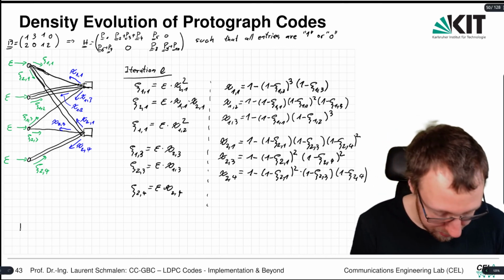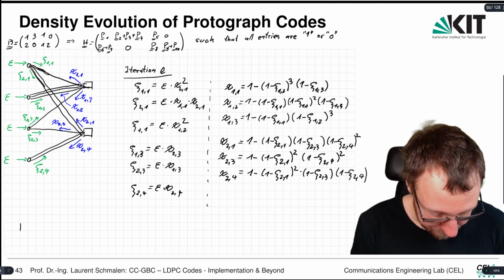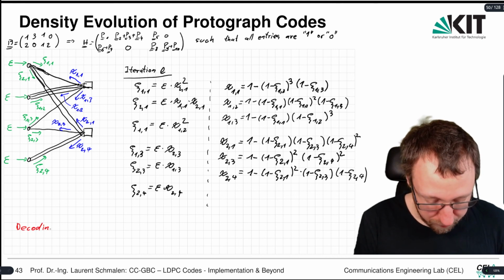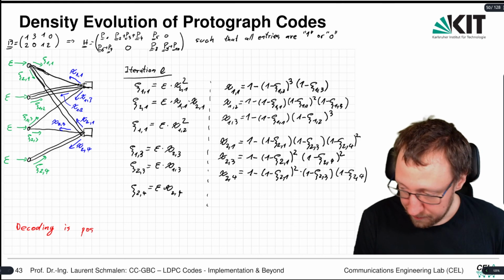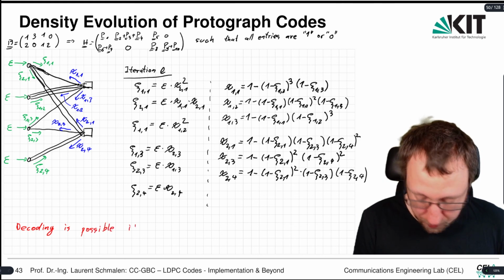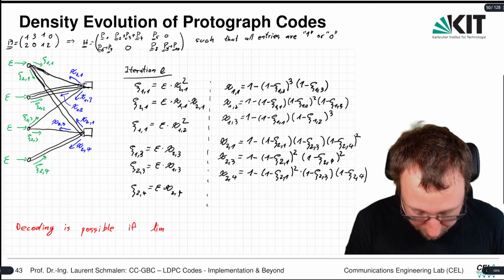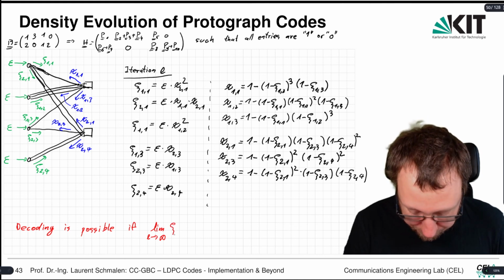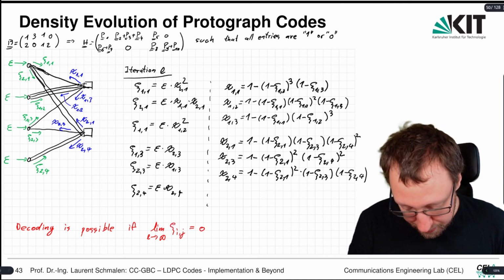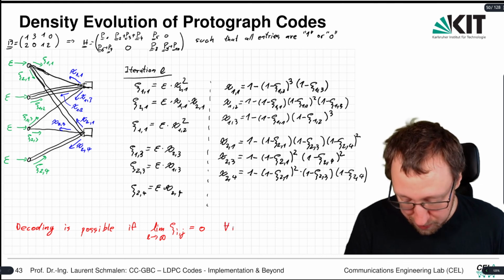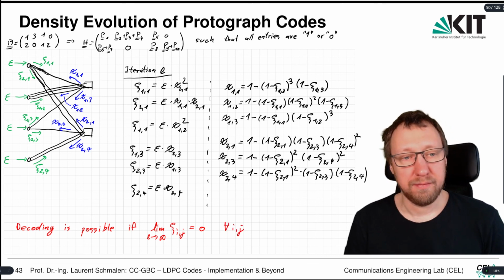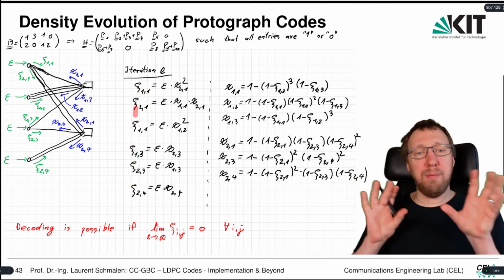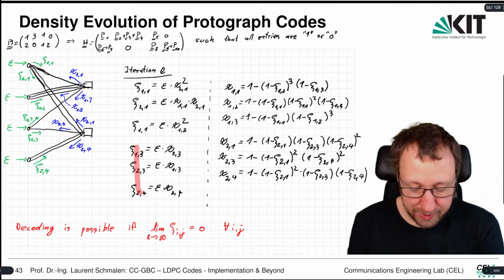So when can we decode? If the limit, when the number of iterations goes to infinity, of Cij is equal to 0 for all possible combinations of i and j. We have a coupled system of equations: six different C's and six different chi's.